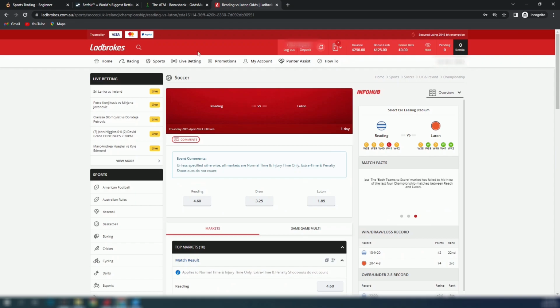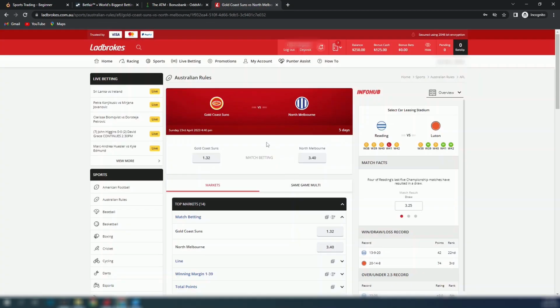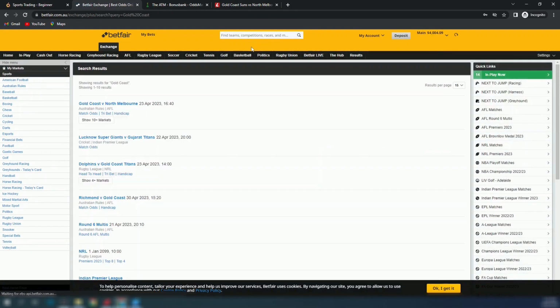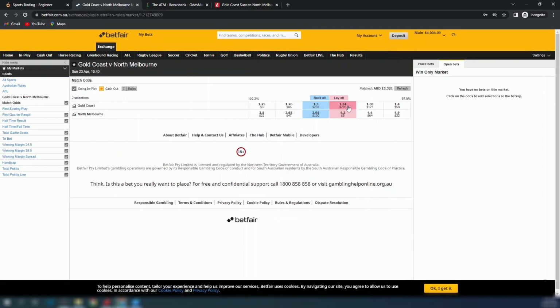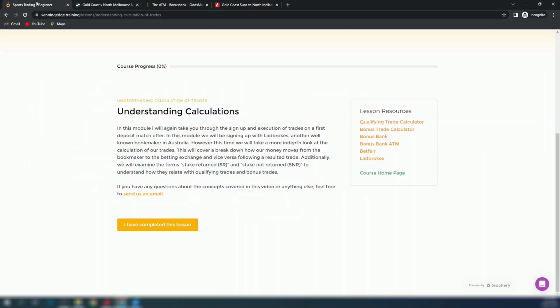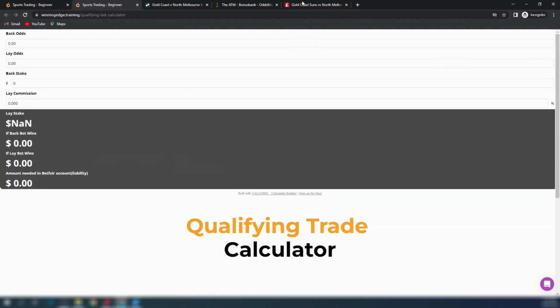We'll head over to Ladbrokes first. Then we'll do the same over on Betfair. With that, we'll head over to our qualifying trade calculator and we'll fill it out.